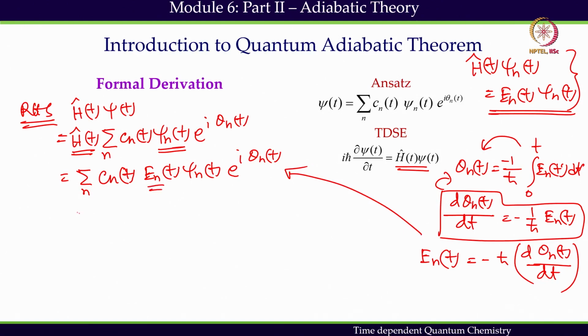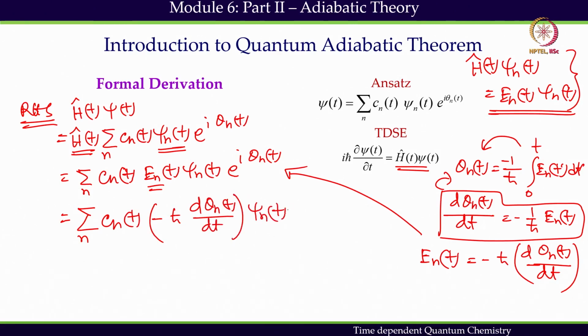We have E_n, this can be inserted here, and what I get is that the right hand side finally transforms to c_n(t), then minus ħ d theta_n/dt psi_n(t) e to the power i theta_n.